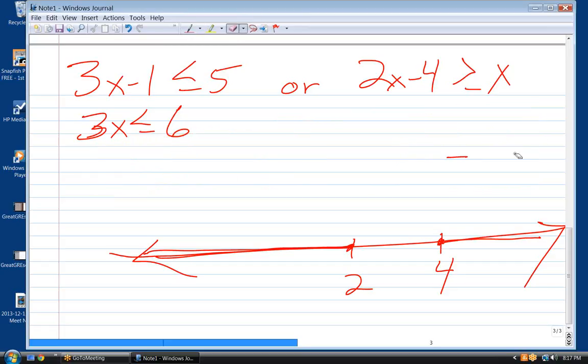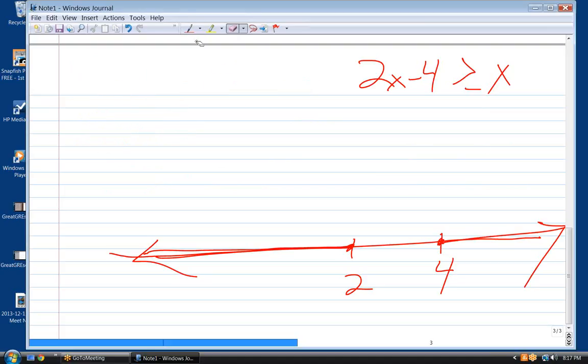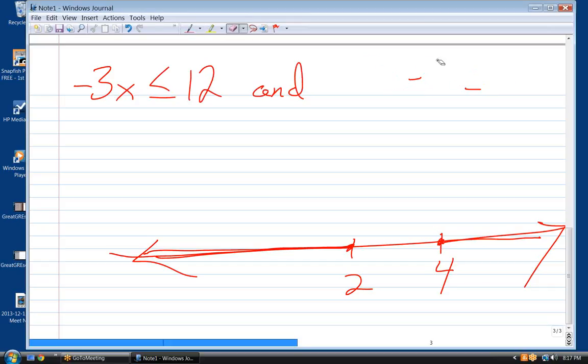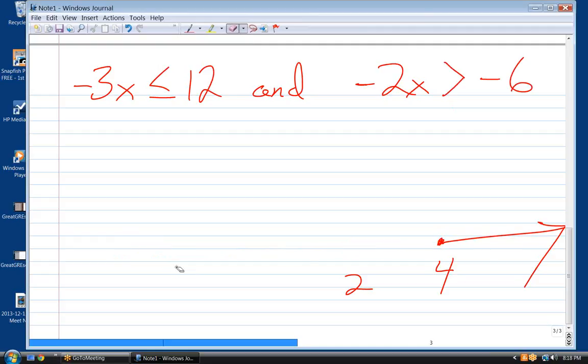Okay, it's negative 3x is less than or equal to 12, and negative 2x is greater than negative 6. Just greater than? Yeah. Not greater than or equal to? Just greater than.